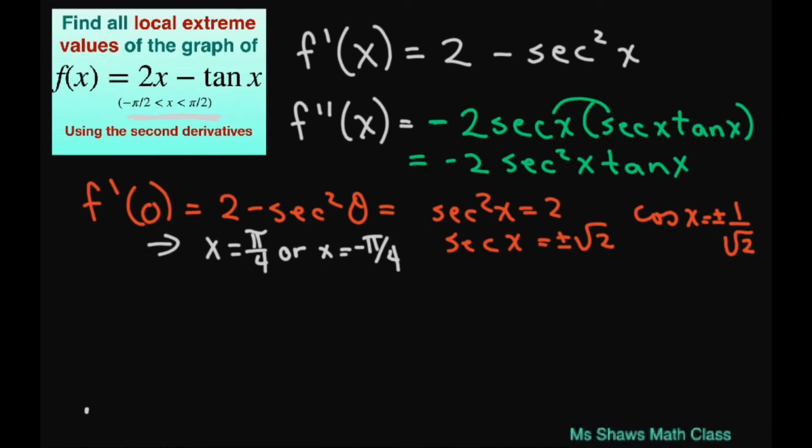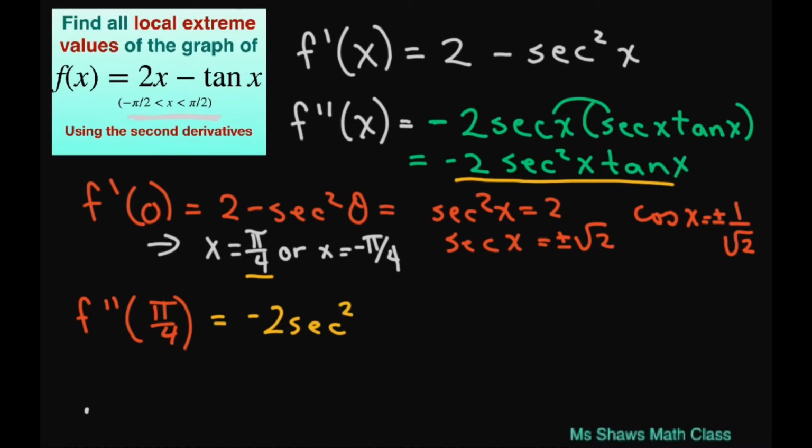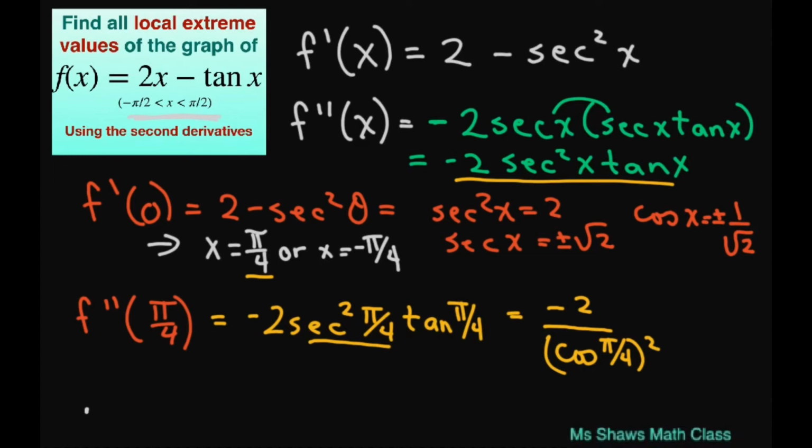Now, f double prime of pi divided by 4, and I'm substituting in my critical numbers here, we're going to get negative 2 secant squared of pi divided by 4 times tan of pi divided by 4. And this is going to give you negative 2, and I'm going to rewrite this as cosine of pi divided by 4, squared, times tan of pi divided by 4.